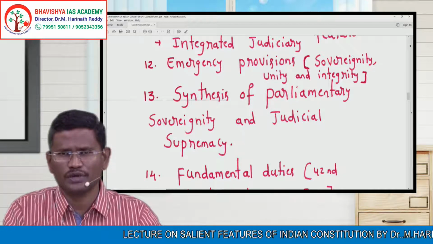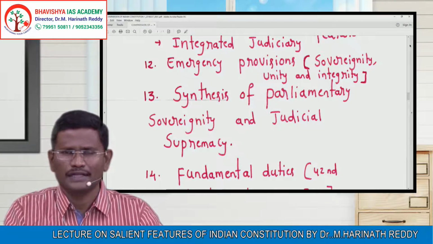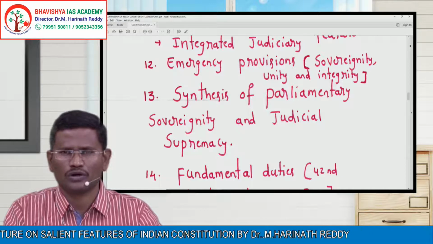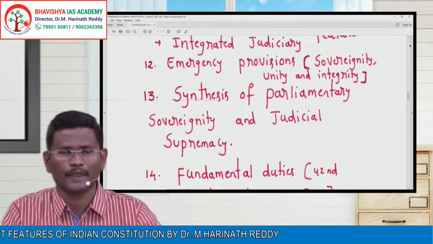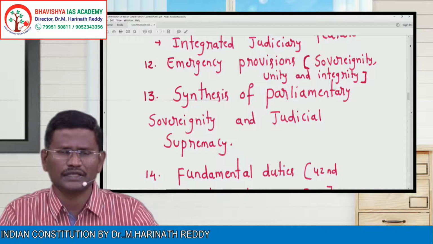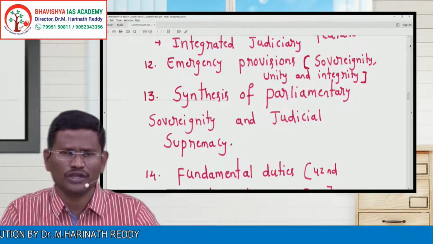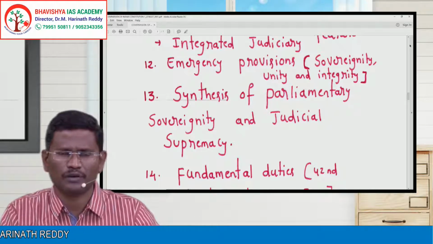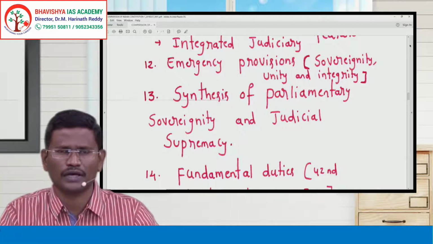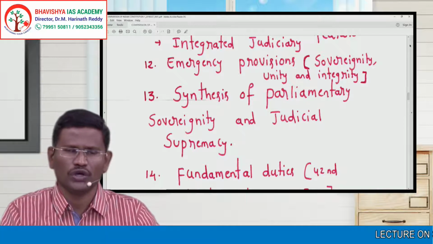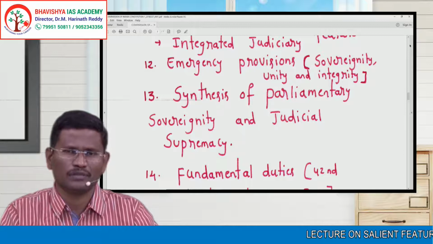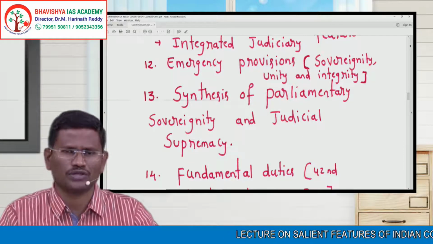Through the doctrine of basic structure, the unlimited power of the Indian Parliament to amend the Constitution is made limited. And by coining the term collegium, the power of the executive to participate in the appointment of the judges of the Supreme Court and High Court was taken away. So in this way, the judiciary emerged powerful, the Supreme Court emerged powerful.